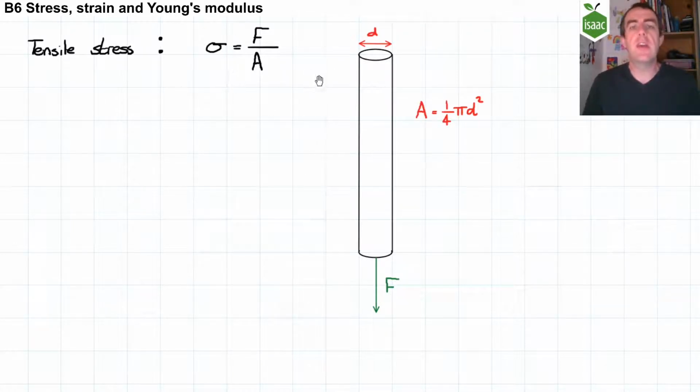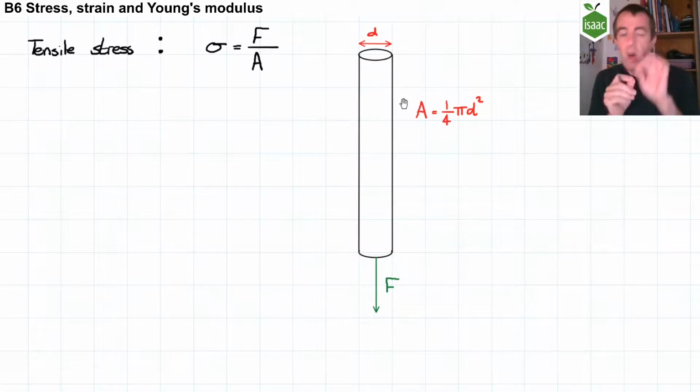With the cross-sectional area, just be careful that if you are given the diameter of a cylinder of, for example, a wire, then you would use this equation to find the cross-sectional area. Don't confuse diameter with radius. For the tensile stress to be in pascals, the tension, the force, has to be in newtons, and the cross-sectional area has to be in square meters.